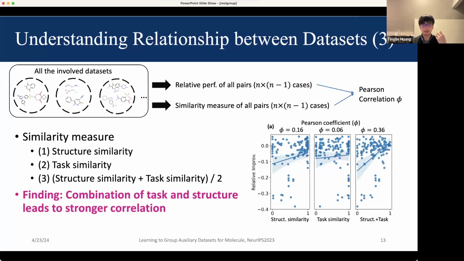So here is the result. Here we also use the combination of the structure and task similarity, and we plot the regression curve.